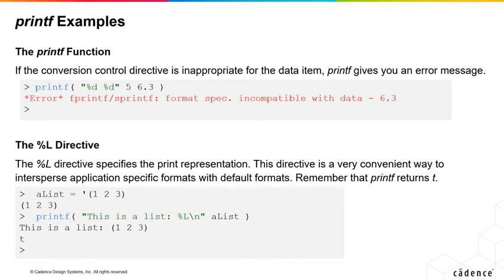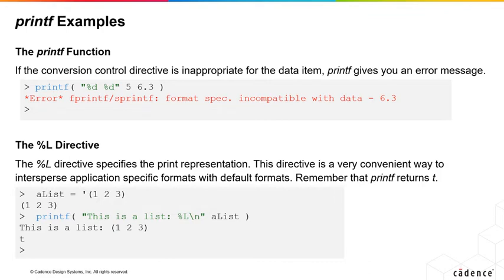Then as input, we give the number 5 and the floating point number 6.3. This is not matching the format specification. And so we get an error message, fprintf, sprintf, format spec incompatible with data. And then it says 6.3 is the value that it's concerned about. So you can see it will flag an incorrect type of data passed to it.